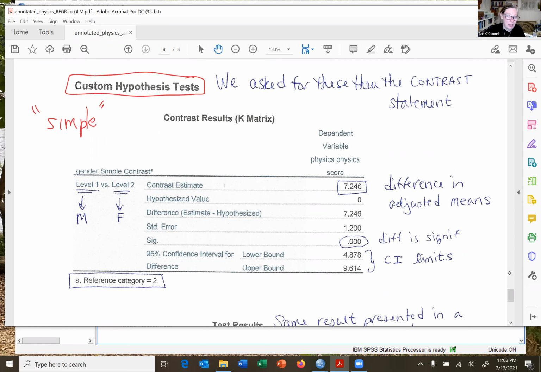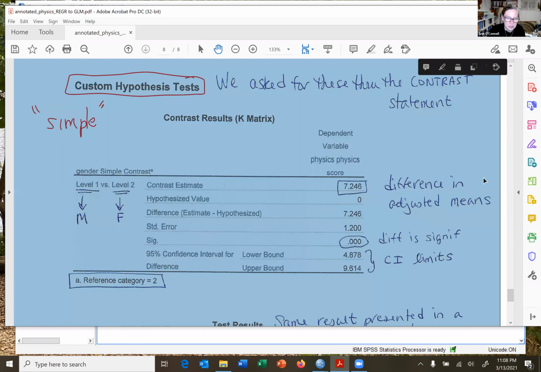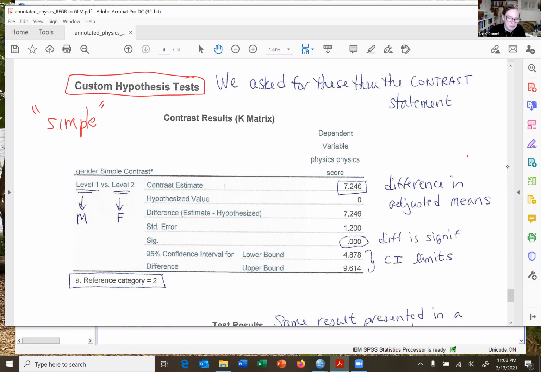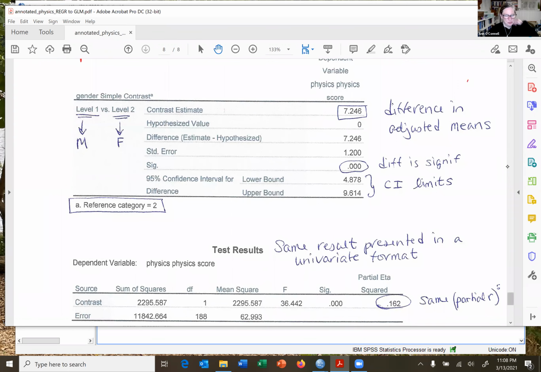So with simple contrast, one level is compared against another level. So you can see that the contrast estimate is 7.246. That was the difference in adjusted means that we saw earlier, and that difference is statistically significant.